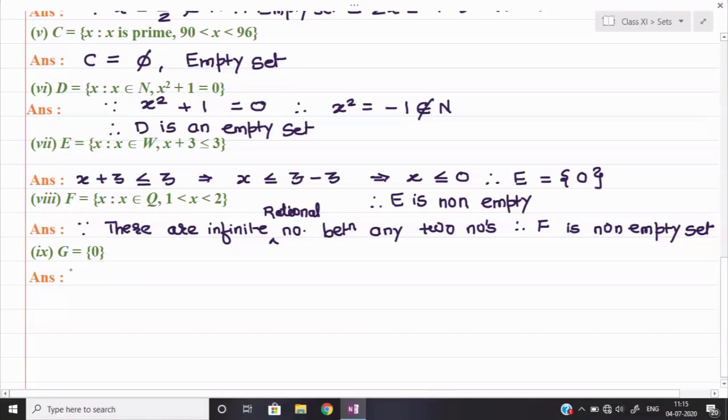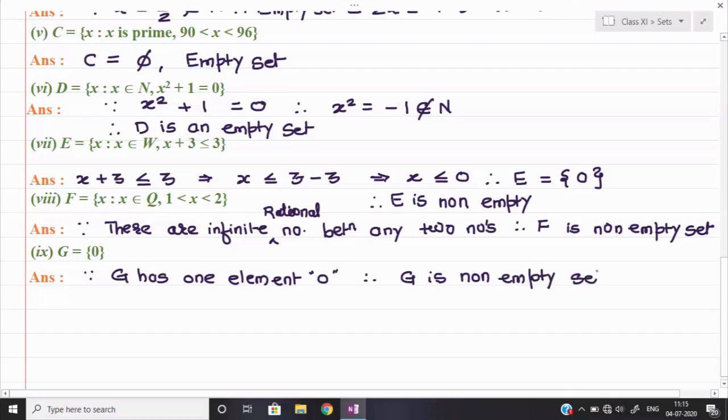So since G has one element, 0, therefore G is a non-empty set. Okay, so this way we can find out whether sets are empty or non-empty.